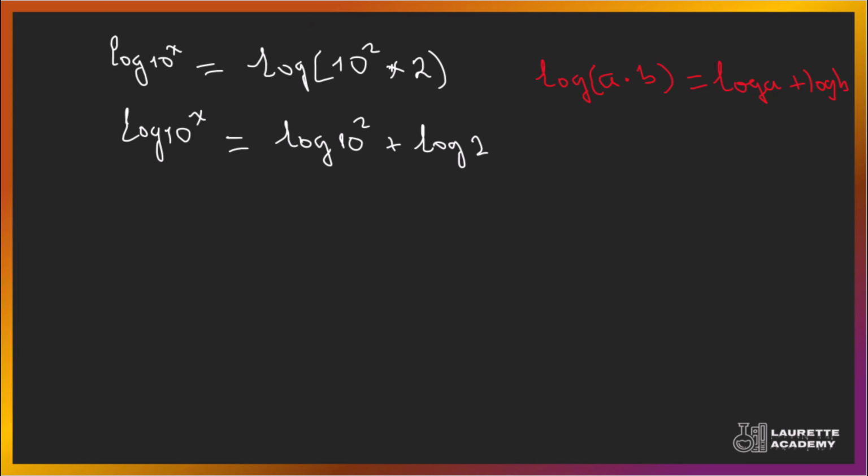Alright, then we also have another property that log a to the power b is the same as b log a, and so we apply that property to this expression and also to this one on the right hand side.